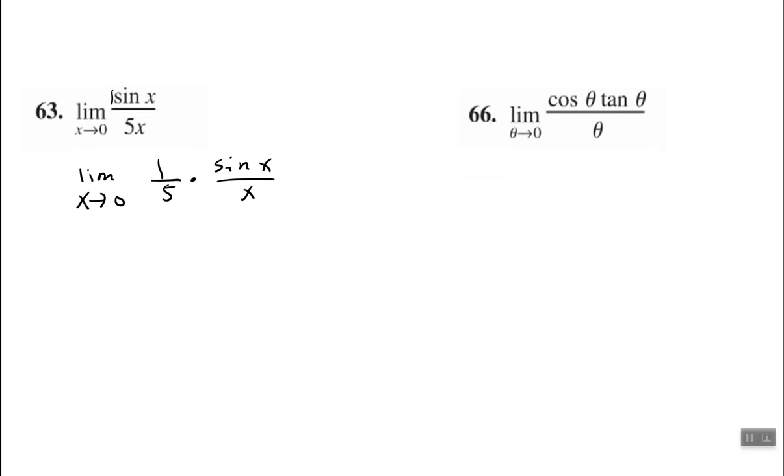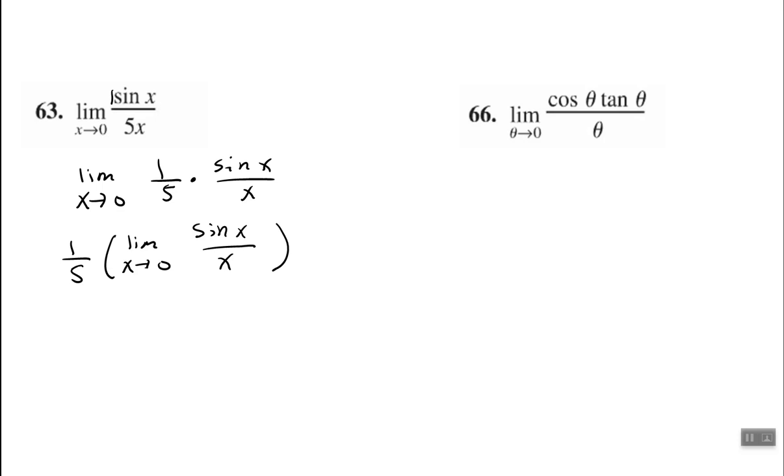Now, what that allows me to do is pull that 1/5 out and find the limit of sine of x over x as x approaches 0, and then multiply that result by 1/5.